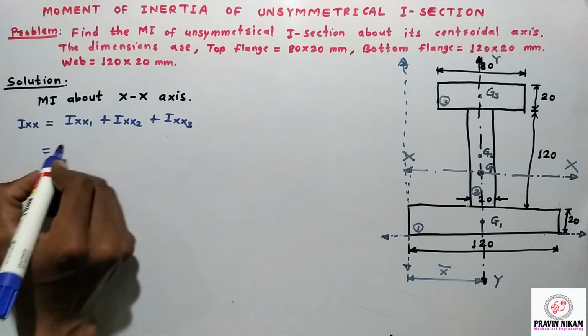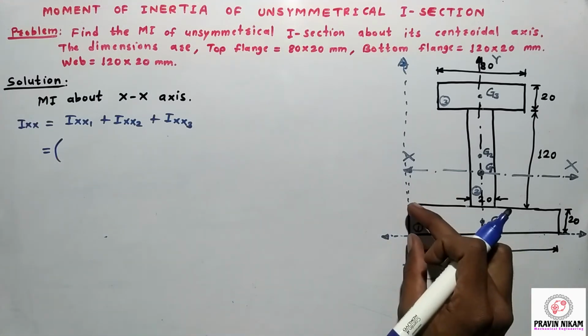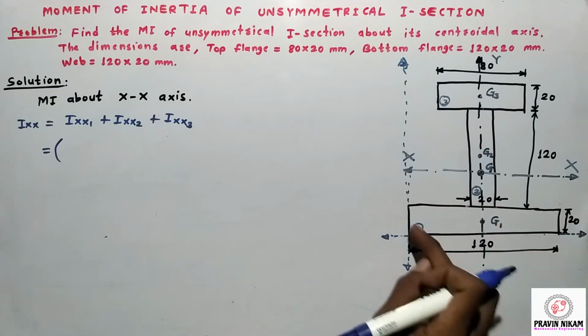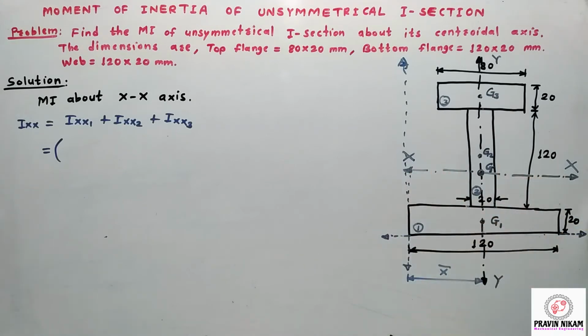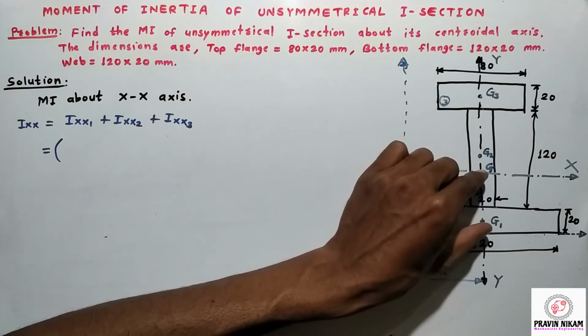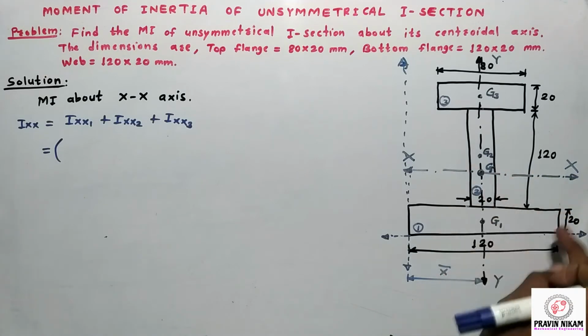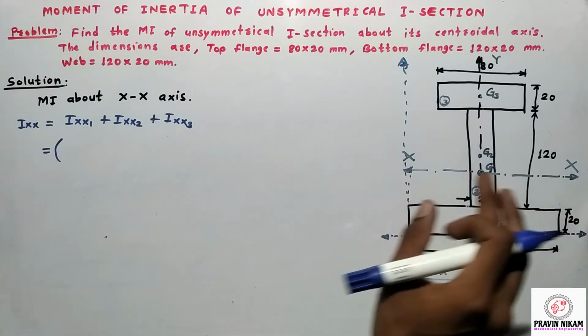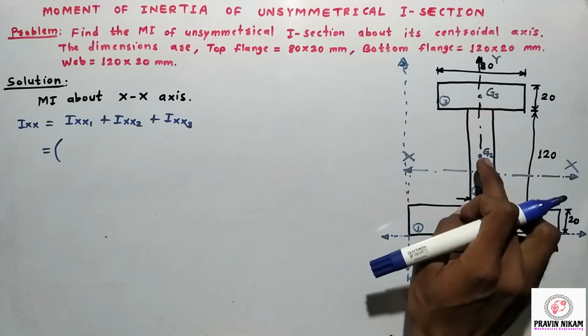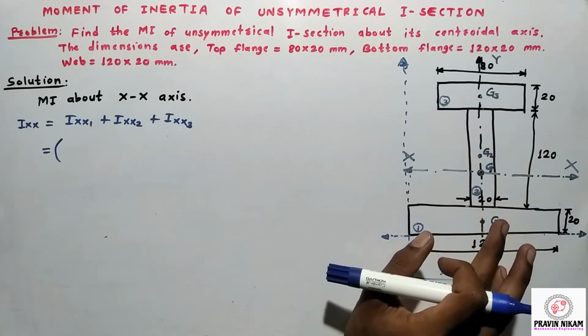Now what is Ixx1? Ixx1 means the moment of inertia of section 1 about this x-axis. We have to use the parallel axis theorem between this axis and this section. Also for the second section, G is here, G2 is here, so use the parallel axis theorem.